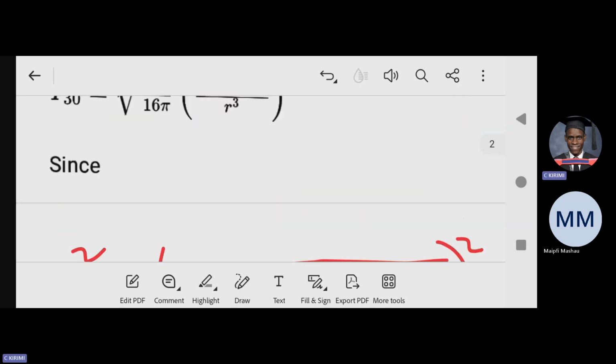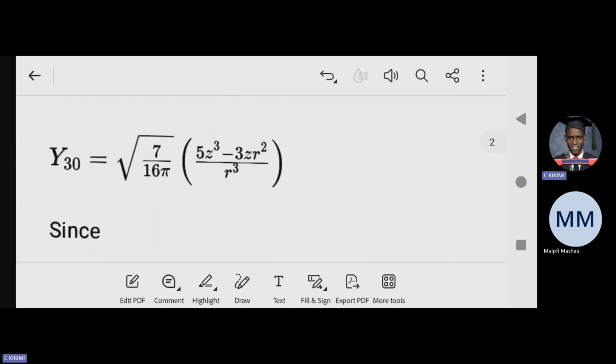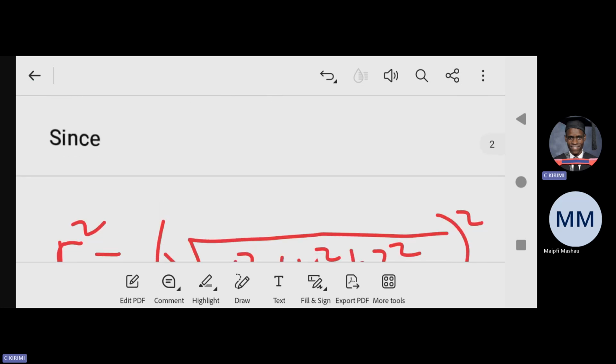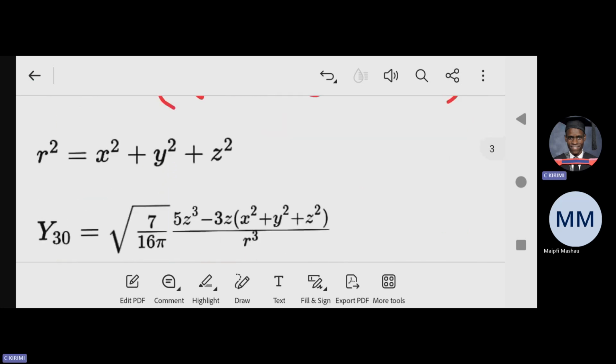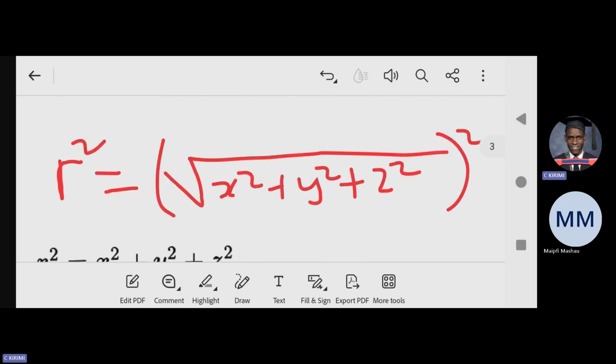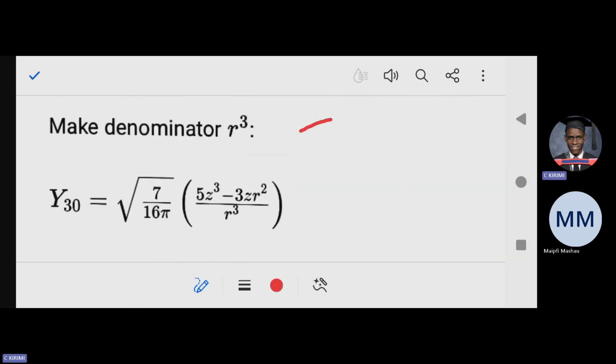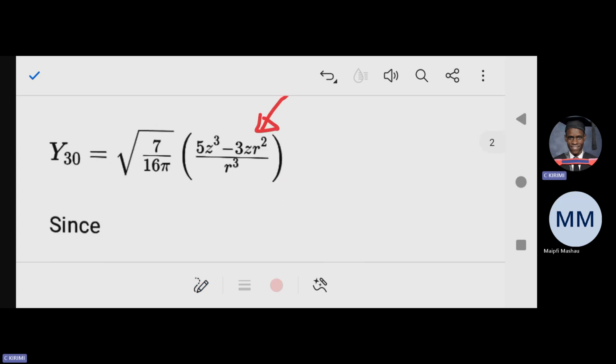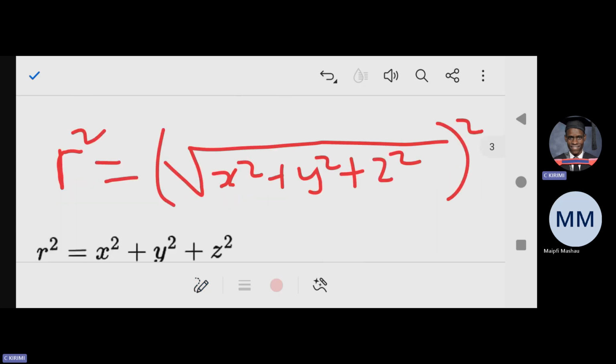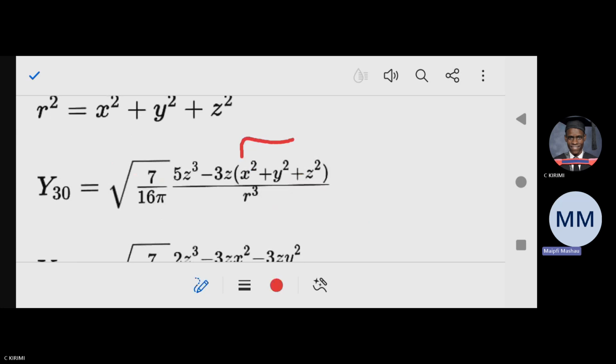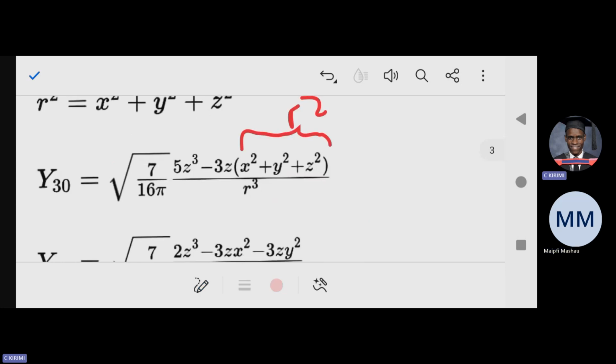So where there's r squared, you replace r squared with x squared plus y squared plus z squared. Then from there, expand and simplify.